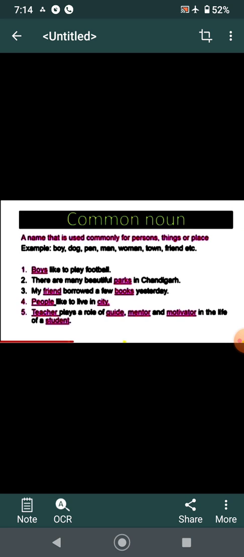People like to live in a city. A teacher plays a role of guide, mentor and motivator in the life of a student. So here the words boy, park, friend, football, people, city, teacher, guide, mentor, motivator, student, books are all your common nouns because they are commonly used for any person, place, animal or thing.